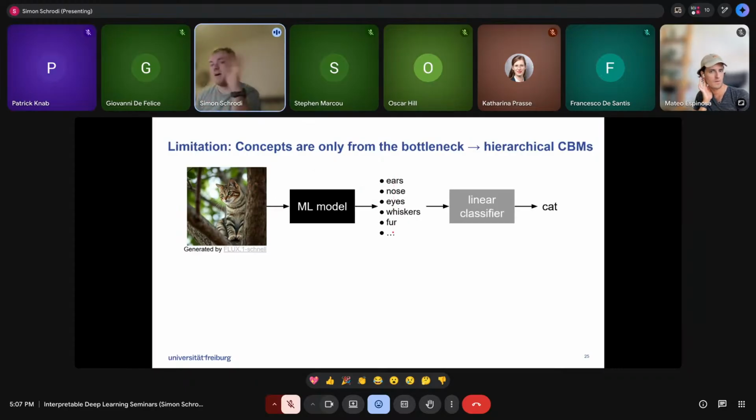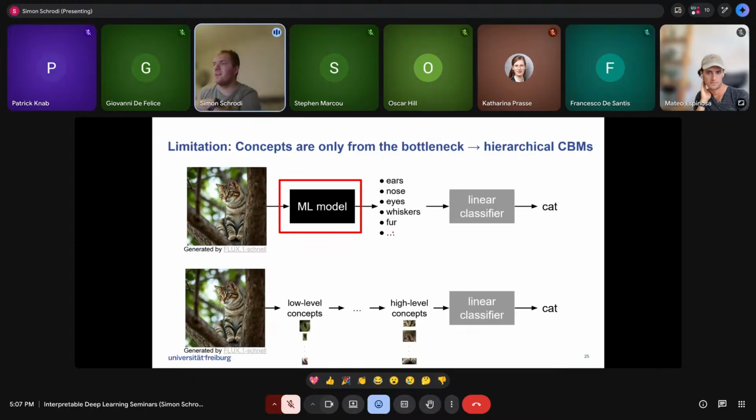You could argue we have now partly solved interpretability, but I think it would be very cool to get a model with intermediate concept bottlenecks, like a low level concept bottleneck where we find maybe the color of the eye or the pupil or this claw here, and then have smaller non-interpretable parts in between which then build these higher level concepts later and so on. I'm not sure if anyone did this. I would be very excited if someone did or will do it. I think this might be a very interesting direction.